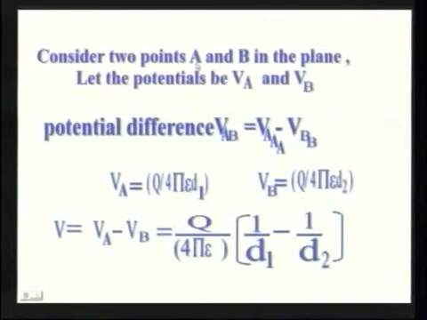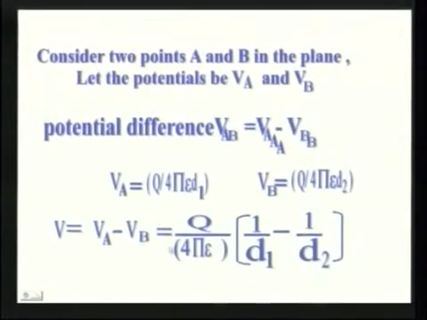Consider two points A and B in the plane. Let the potentials be VA at one point and VB at the other point. The potential difference VAB equal to VA minus VB.